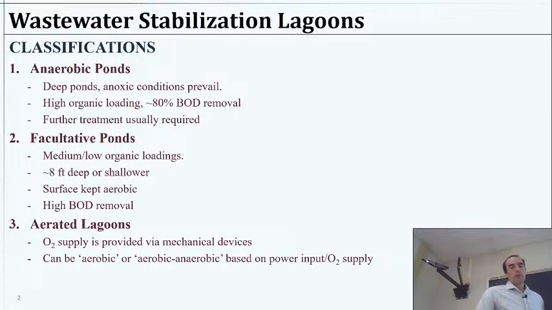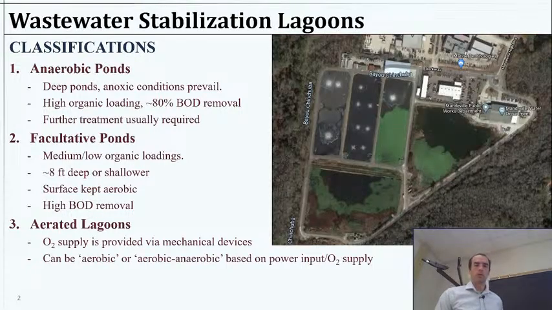And then you can have simply fully aerated lagoons, right? If we take a look at this one again, all of these aerators, these fountains spraying water up, those are going to be providing an aerated pond. So I would expect that this middle one is approximately fully aerated.